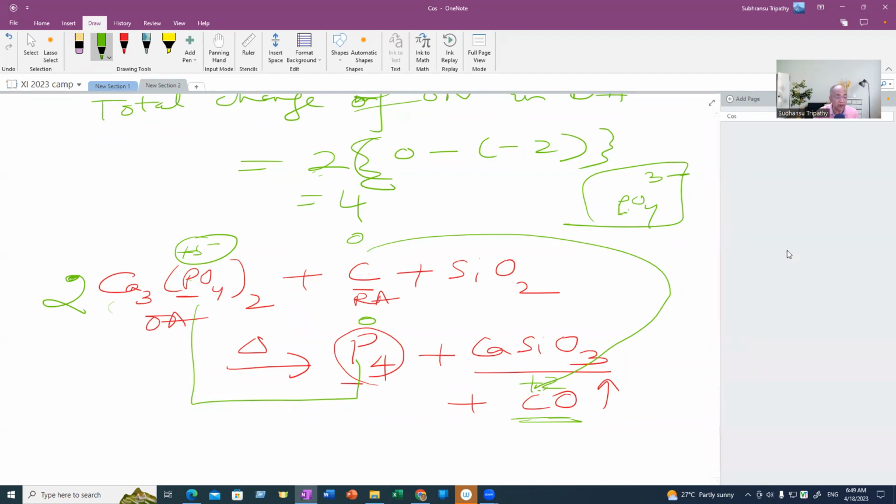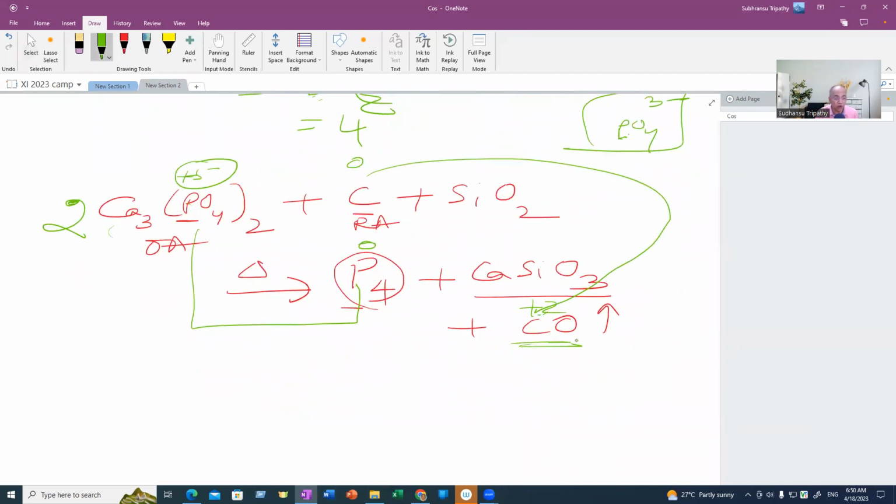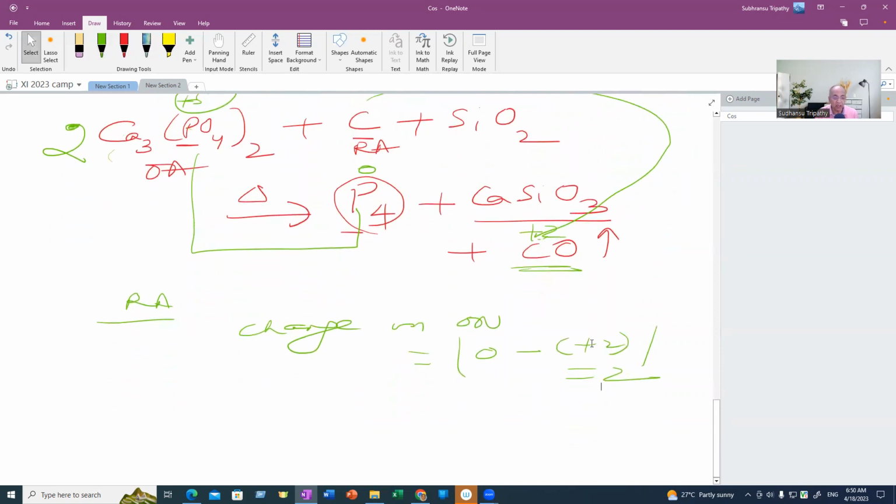So let me write down that because I will be sending the file also. For RA, change in ON is equal to 0 minus +2, that is 2. So 2 is multiplied here. So always we talk of total change.